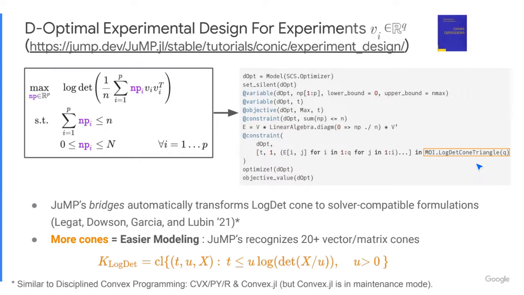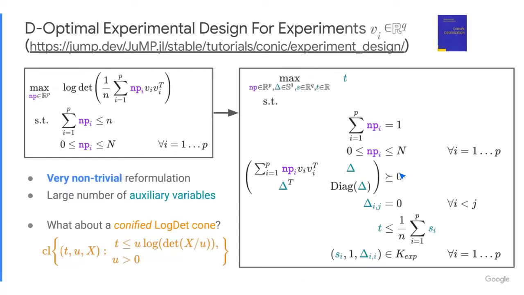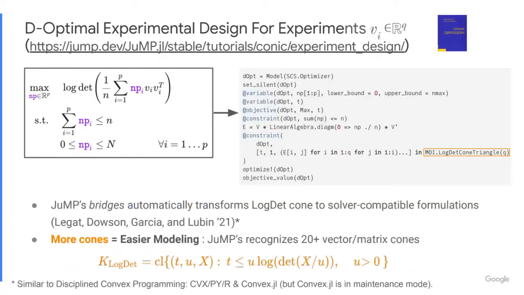And in particular, if you are calling a solver that doesn't recognize this particular cone, and it recognizes the cones that we had before, which were basically the semi-definite cone and the exponential cone, JuMP internally will transform everything for you and give it to the solver. And when it gets solutions back, it will transform them back and give you the parts that you actually care about. And it will also do the same for dual solutions.